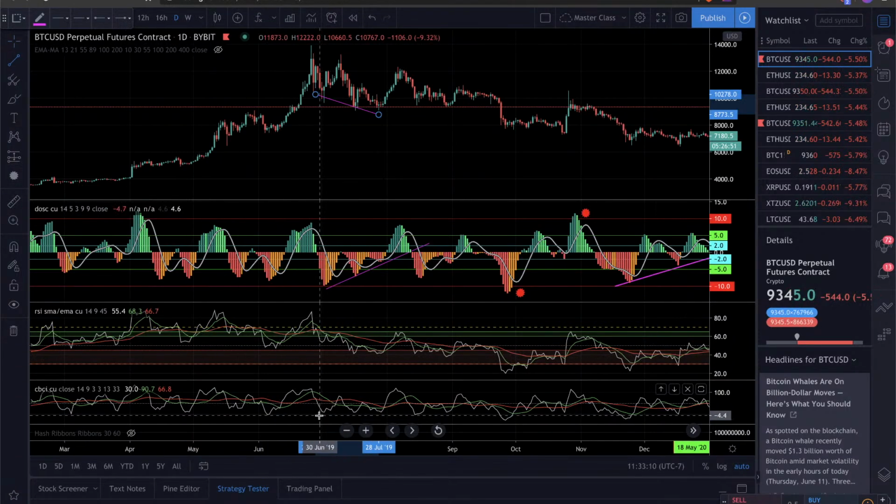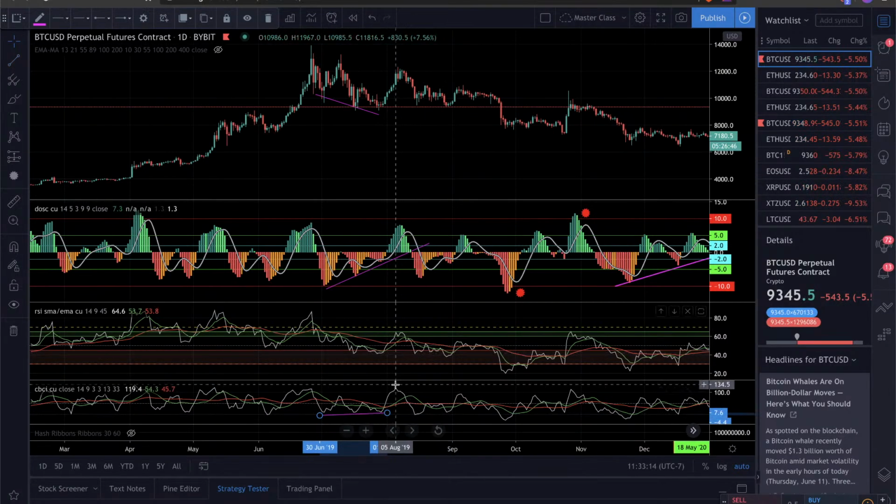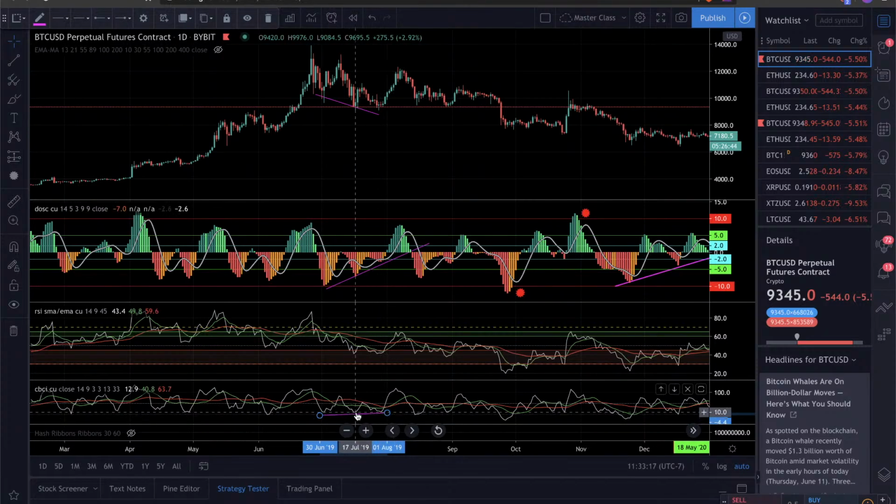We had the CB index also showing a divergence play. And you can see after a rejection on the EMAs here, we broke through with power. Also got a cross up here to the upside after a bounce that's right here on the 40 zone on the RSI, giving us a good indication that we were going to have a pretty decent move to the upside, especially when the RSI on this guy passed over the 0 line.